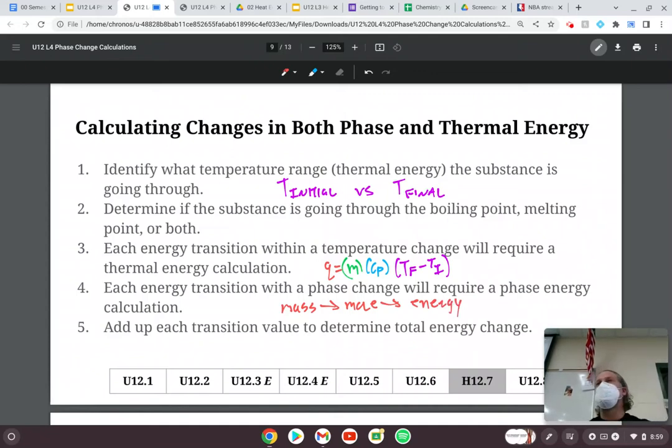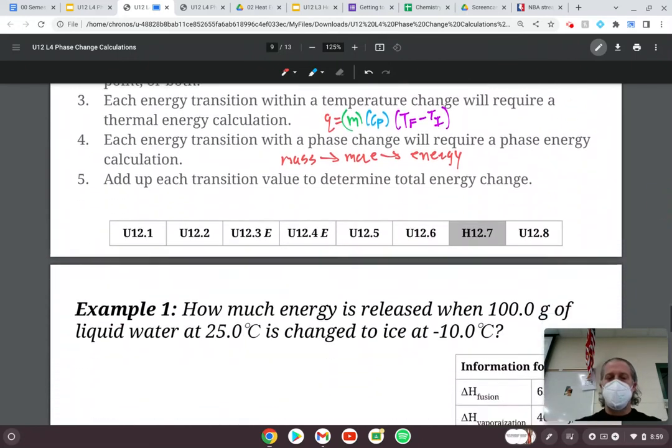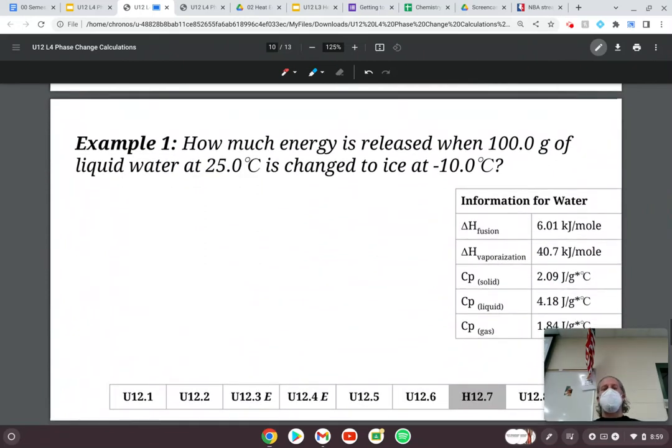Eventually, depending on the number of calculations you do, you'll be adding them up for a total value. So let's do one. And this is where I'm going to hear a lot of sad complaining, and I'm just going to say it is what it is. So here we go.